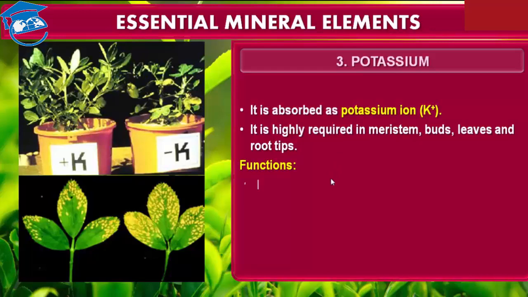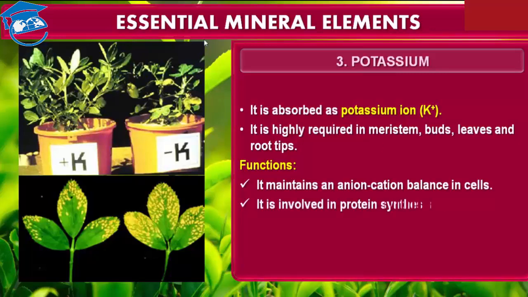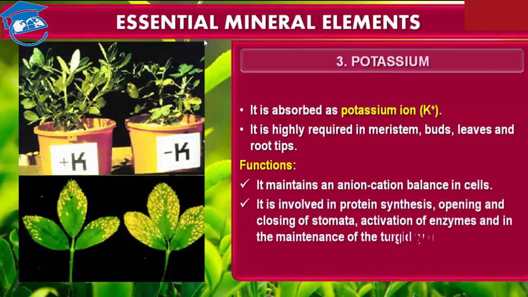Now what are the functions? It maintains an anion cation balance in the cell. It is involved in protein synthesis, opening and closing of stomata, activation of enzymes, and maintenance of turgidity of cells. So these are the functions of potassium.